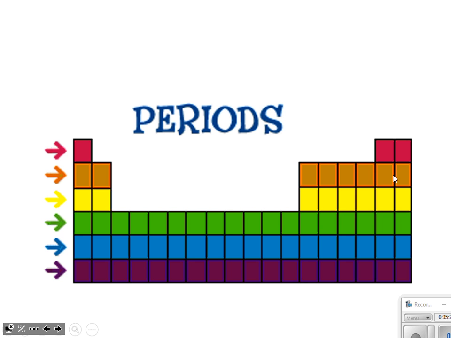These elements are more similar to each other than the ones on the total left side of the table. Okay? They don't have common properties as much as what the up and down, the vertical groups do, but they're still more similar in that means.